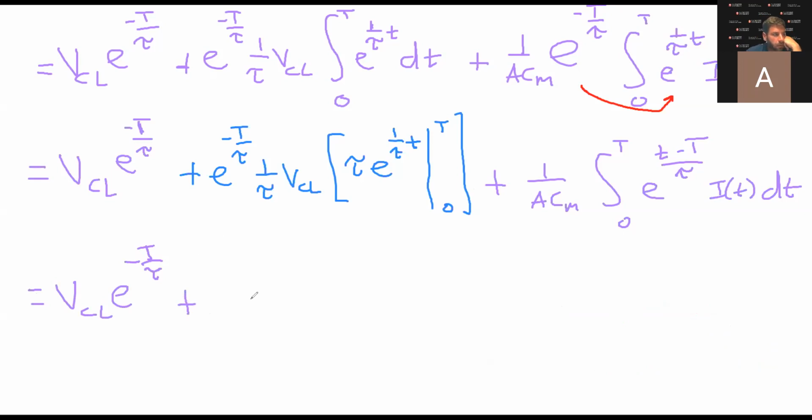What happens here is when I plug in capital T in for lowercase t, I get tau e to the capital T over tau. Then when I plug in 0, I just get minus tau, because e to the 0 is 1.